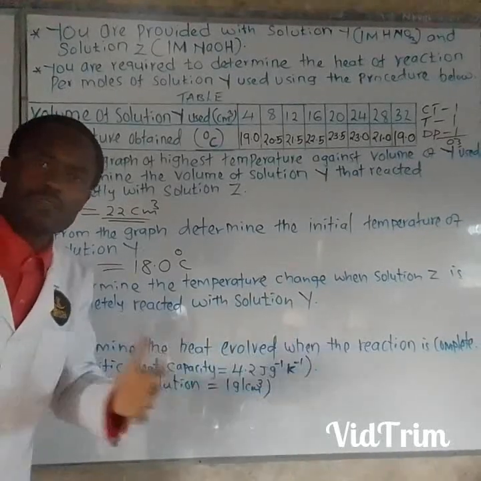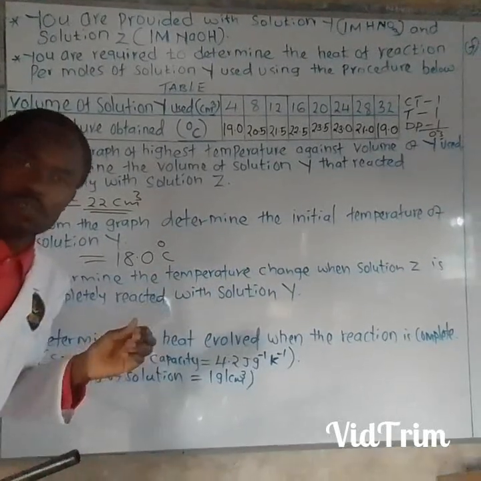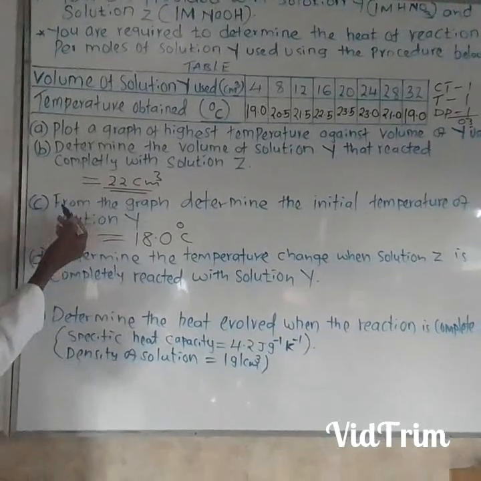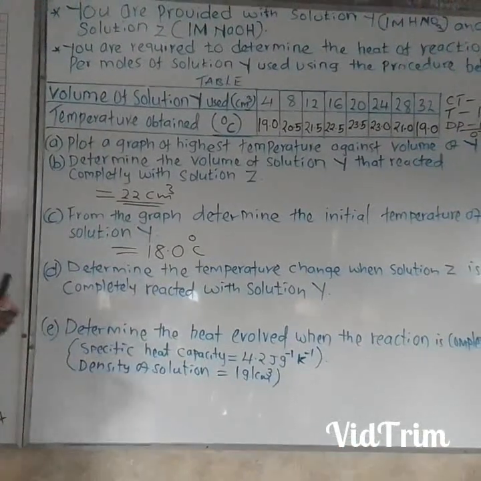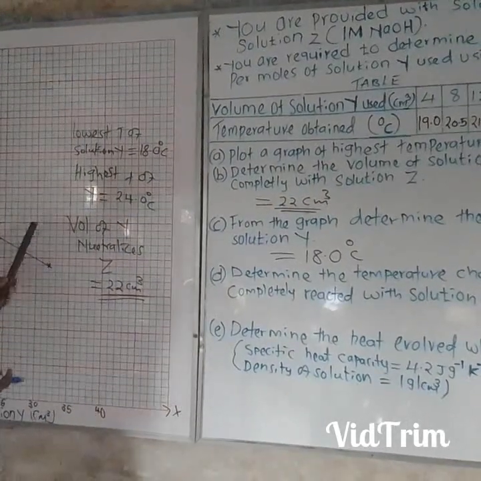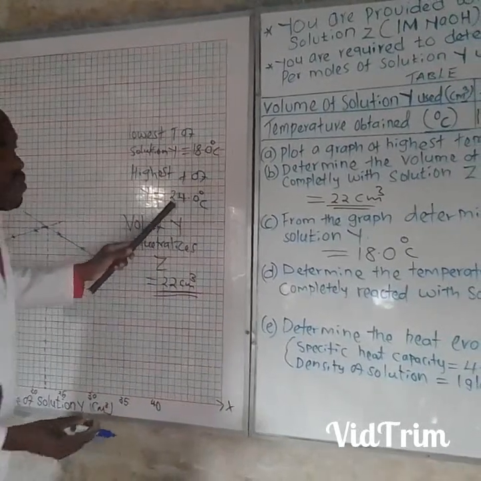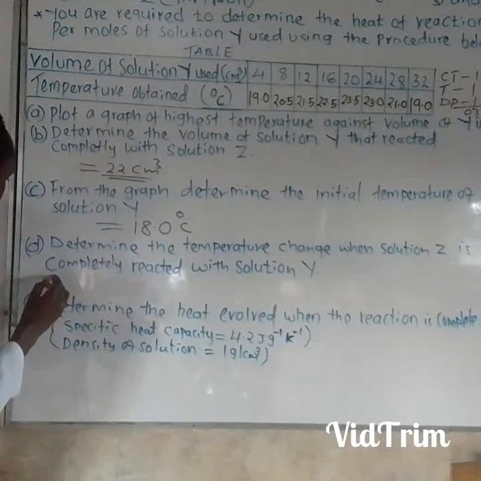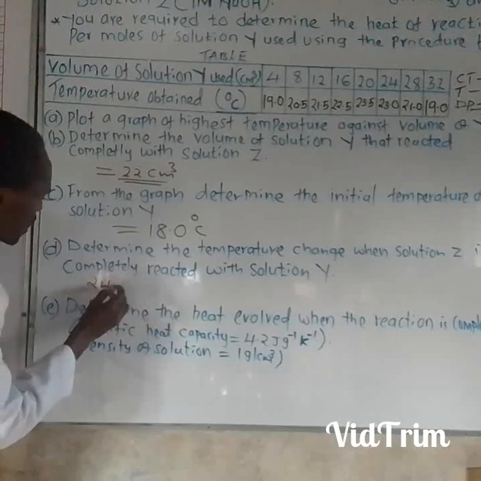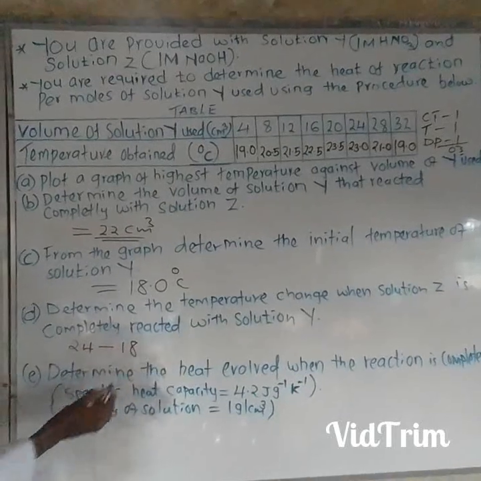We get the difference by taking the highest temperature reached minus the initial temperature of solution Y. From the graph, the way we have extrapolated, the highest temperature is 24, minus the lowest, which is 18, the initial temperature.